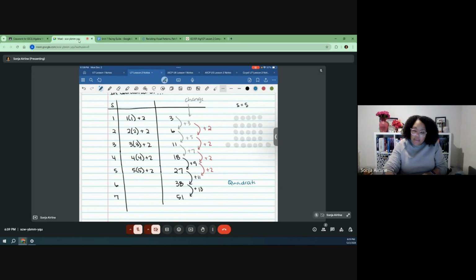So this part of my table right here, where we see this pattern of increase the pattern by 2, this is what we're now going to refer to as a constant second difference.